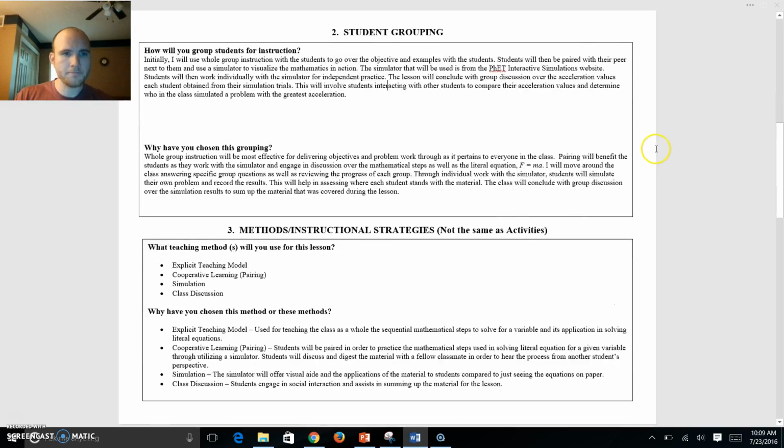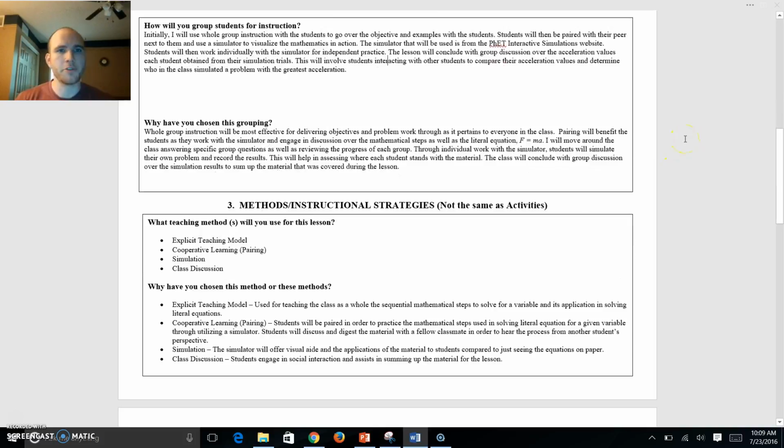Student grouping. Initially, I will use whole group instruction with the students to go over the objective and examples. Students will then be paired with their peer next to them and use a simulator to visualize the mathematics in action. The simulator that will be used is from the PhET Interactive Simulations website. Students will then work individually with the simulator for independent practice.